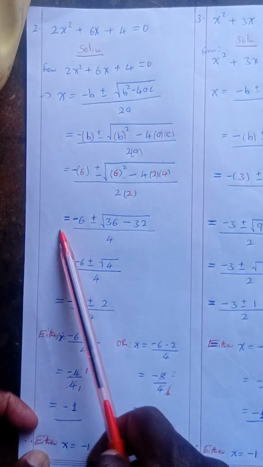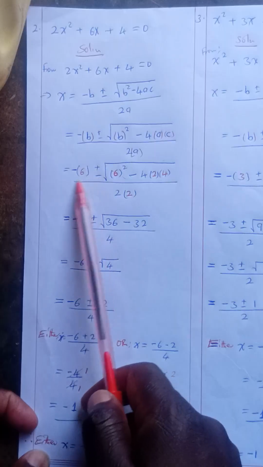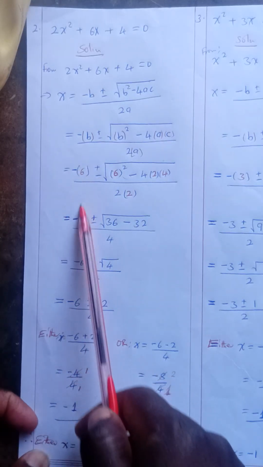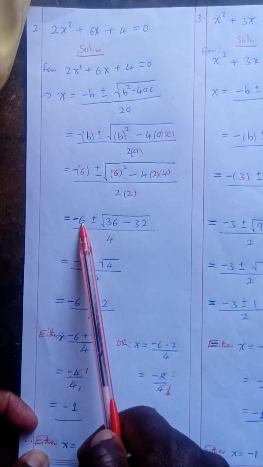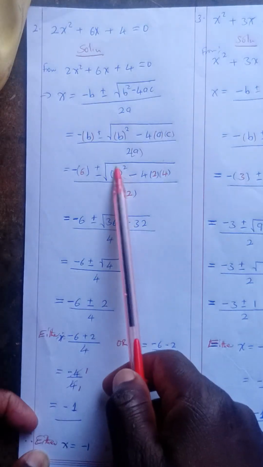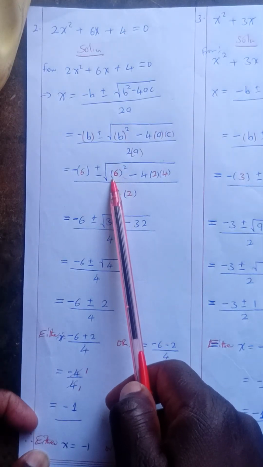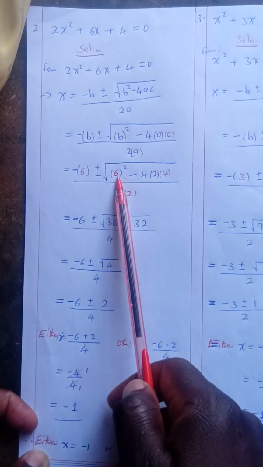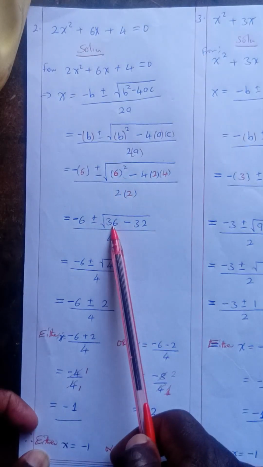So now in this one, we open the bracket while simplifying it. Negative times positive, which is inside the bracket, you get negative, which is negative 6. Then plus or minus, we maintain. In the root sign, we get the square of 6. So 6 squared is the same as 6 times 6, which gives us 36.